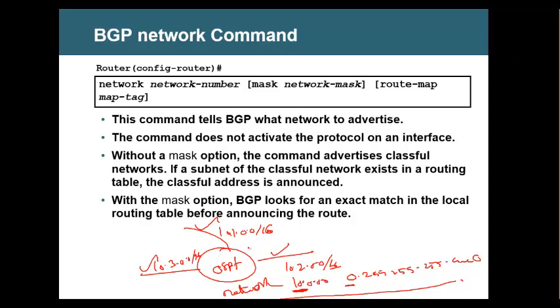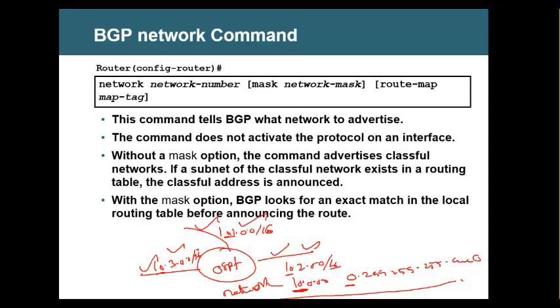So will there be a /8 in the routing table? No. There won't be a route with /8. But still, OSPF will run on all these three interfaces because they all simply begin with 10.